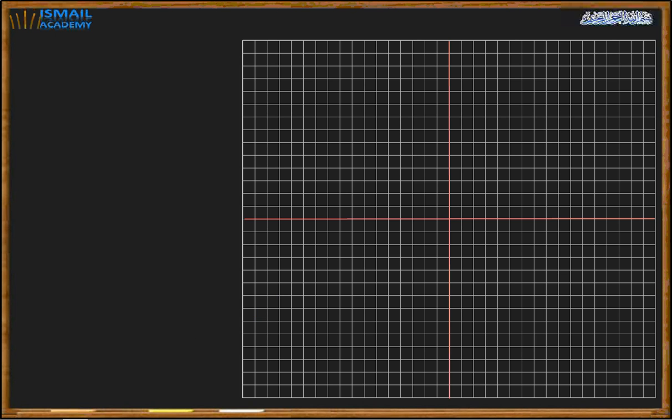Suppose we have two parallel lines, and you have a second line, for example, that line. Alright, I can say those two lines are parallel.